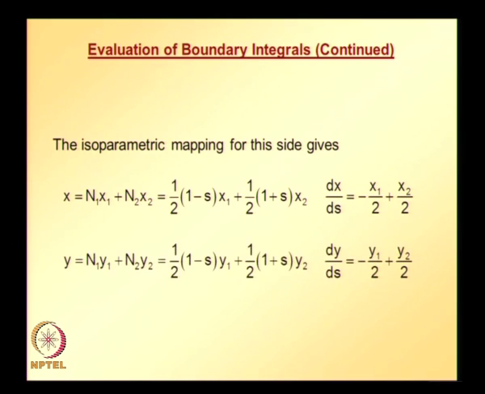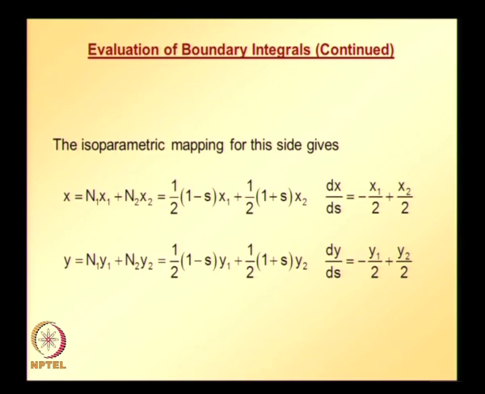Similarly, y equals N1 y1 plus N2 y2, because N3 and N4 are 0 along side 1 2. Once we simplify and take the derivative of y with respect to small s, we get this.